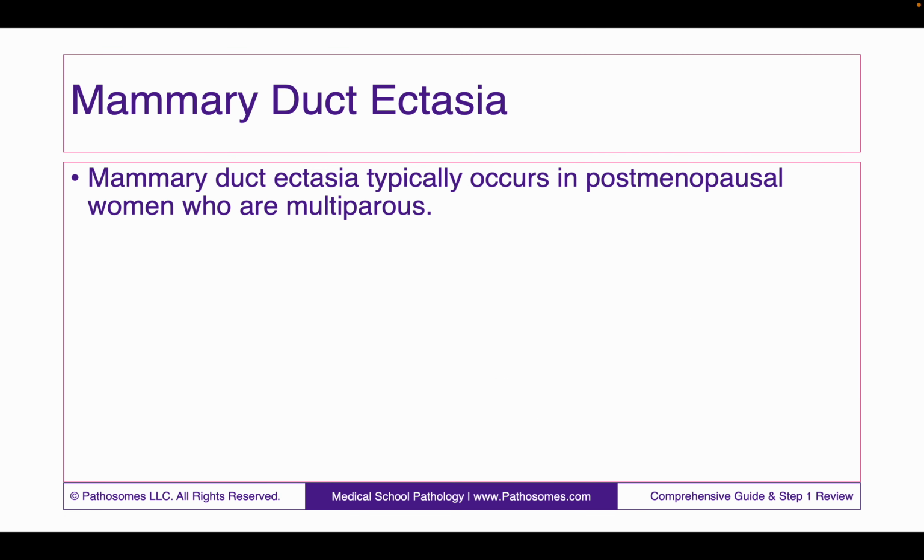Now, mammary duct ectasia typically occurs in post-menopausal women who are multiparous. What does multiparous mean? Multiparous means, I believe, had many children or many pregnancies. You future OB-GYNs, let me know. Figure out a way to let me know and share your information.